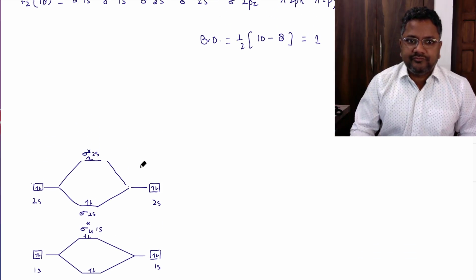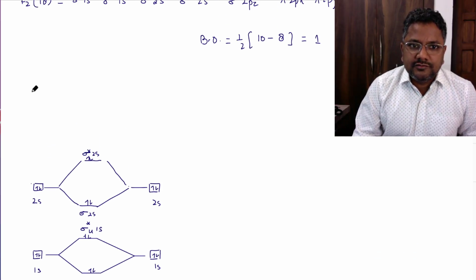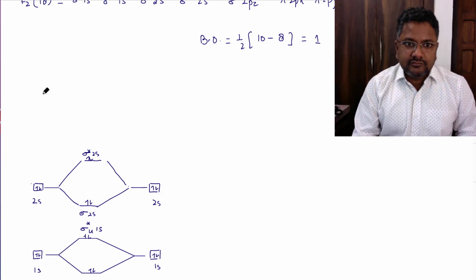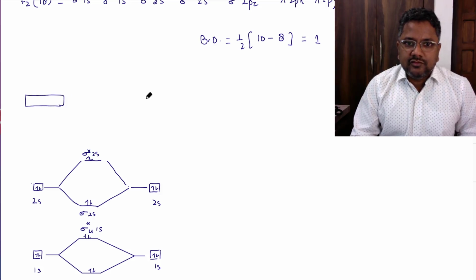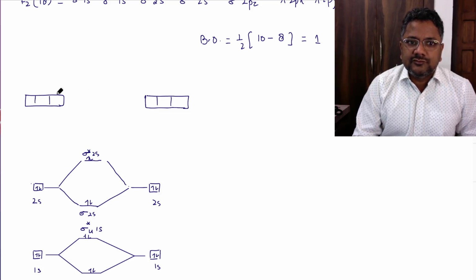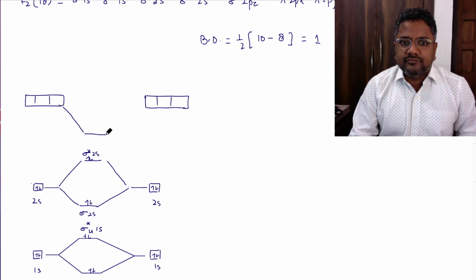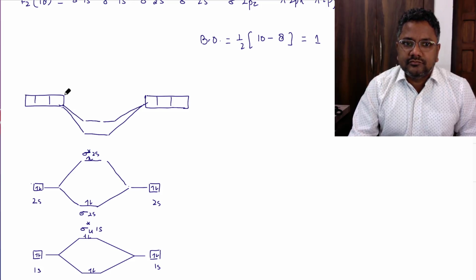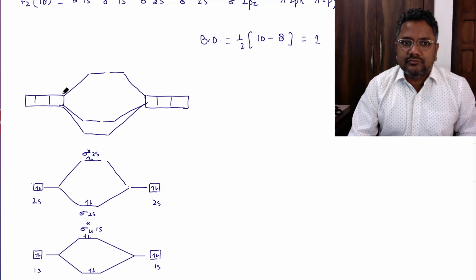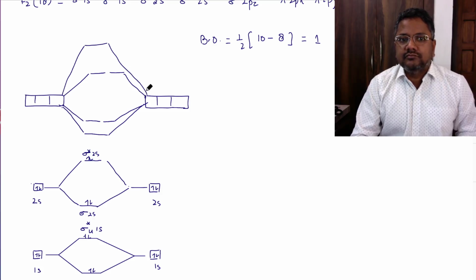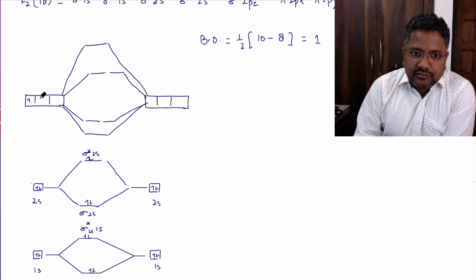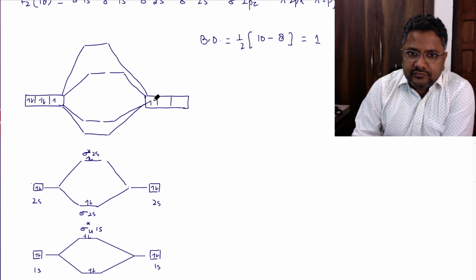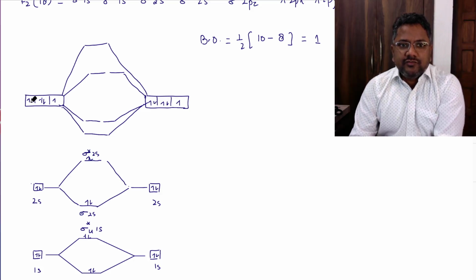Now come to the 2p. So 1 2 3 4 5. So 5 and 5, 10 electrons.